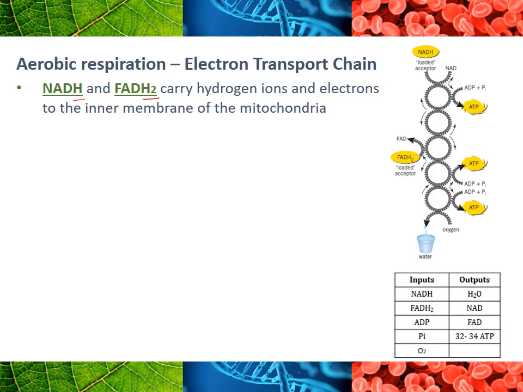With this, each FAD unloaded coenzyme can pick up 2 hydrogen, so it's called FADH2. NADH and the FADH2 carry our hydrogen and electrons to the inner membrane of the mitochondria. So remember, the Krebs cycle happened in the matrix. Now the process actually moves into the membrane.